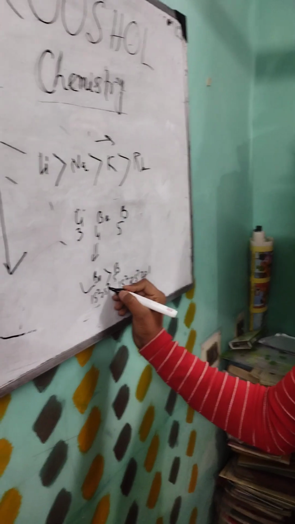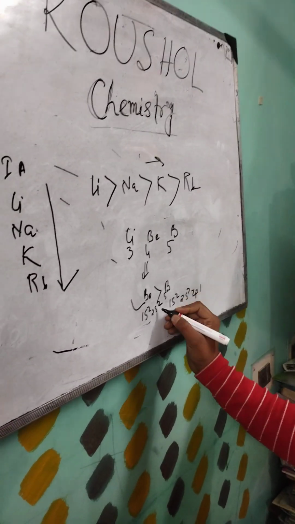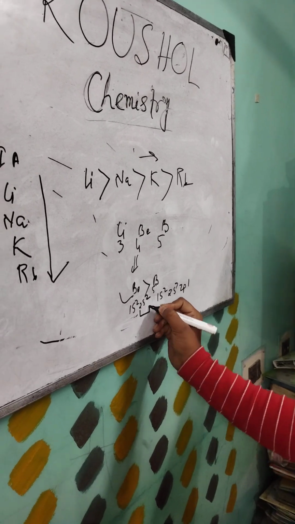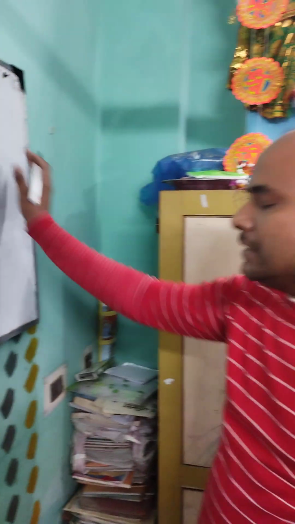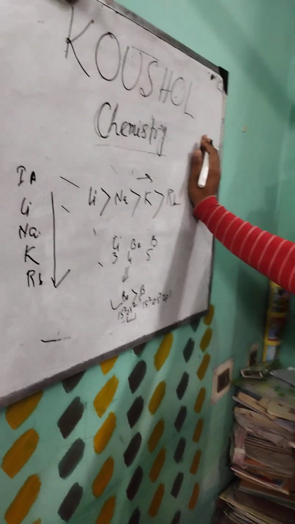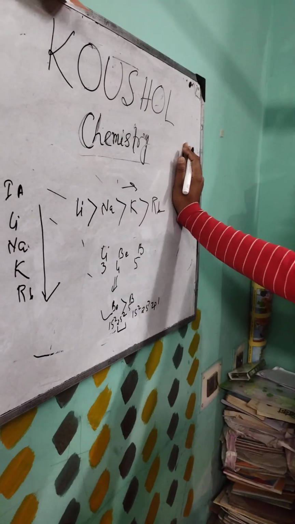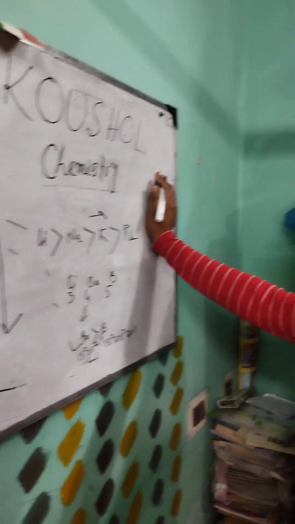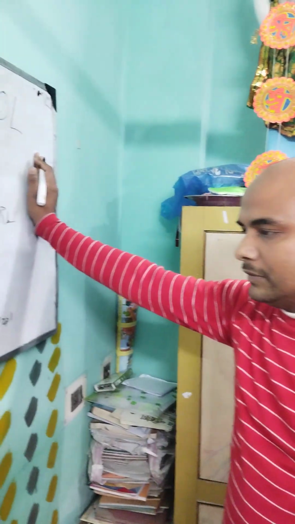In beryllium the last s subshell is fully filled, so more energy is required to remove an electron from beryllium as compared to boron. So the ionization energy of beryllium is greater than that of boron.